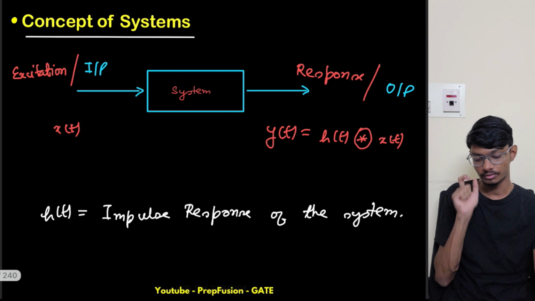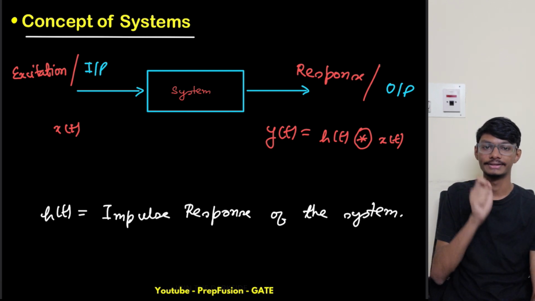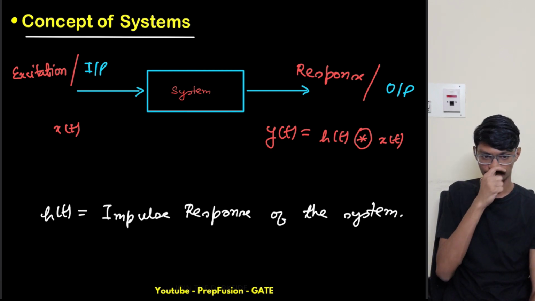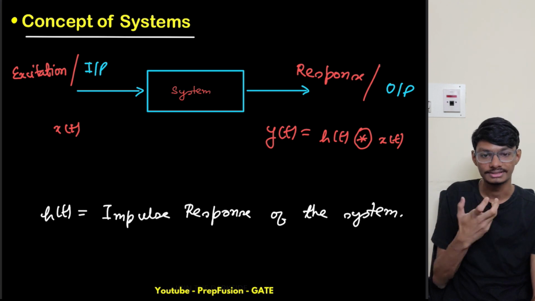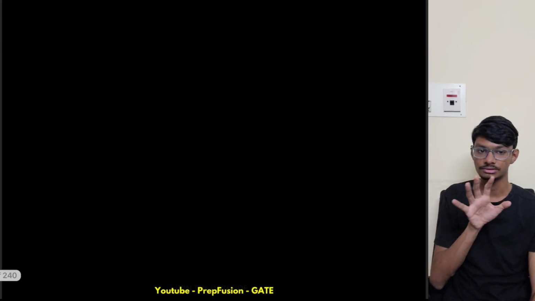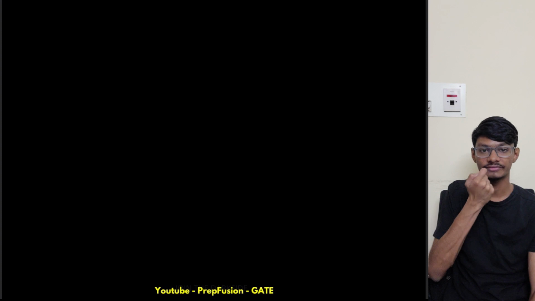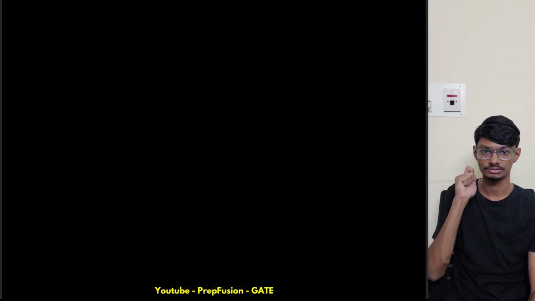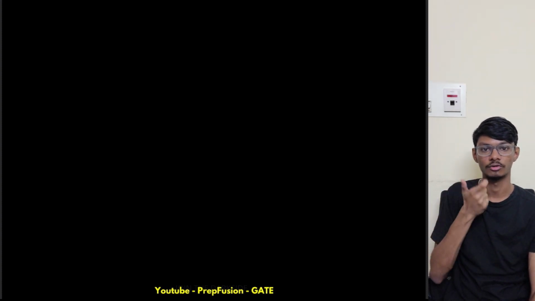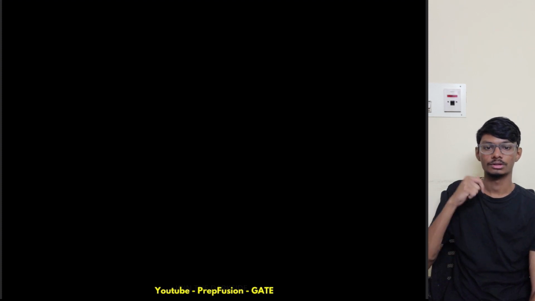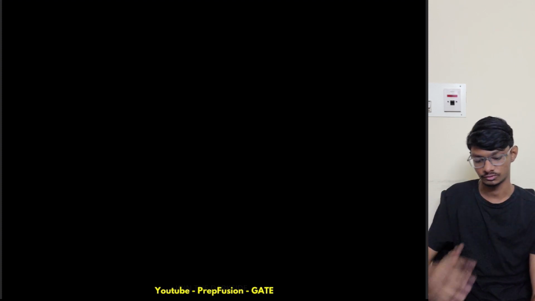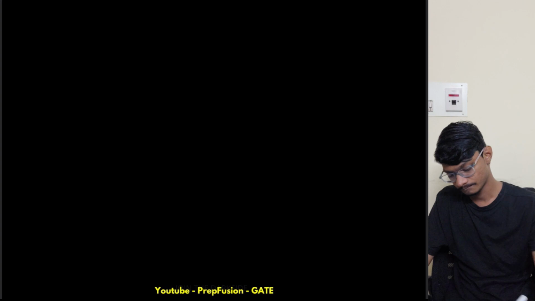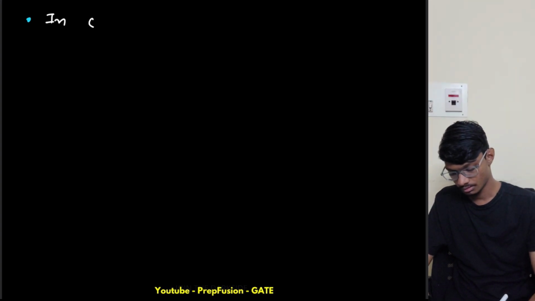Now, in control system we will only study LTI systems. Why, I will explain. But what is LTI systems? All the transfer functions will be defined for LTI systems only. So that's why we are only involved with LTI systems. And what is a transfer function, I will explain in next few slides.